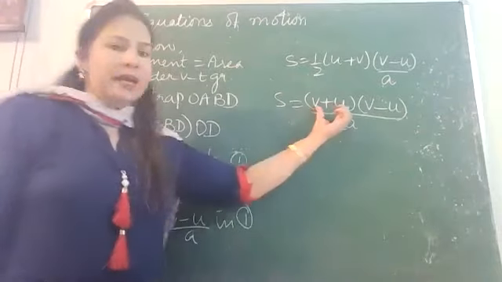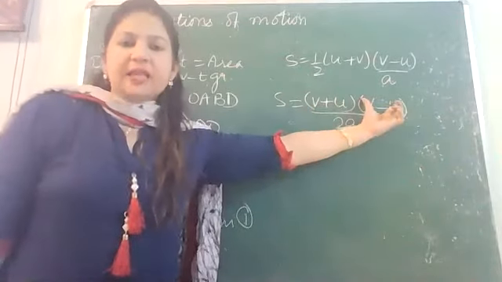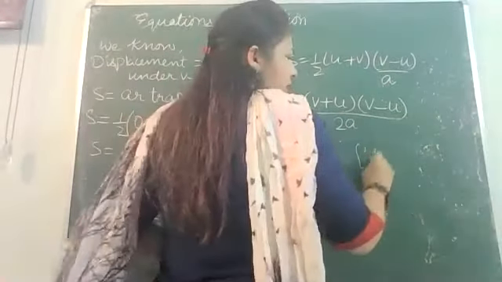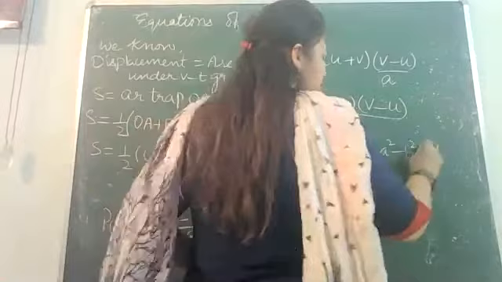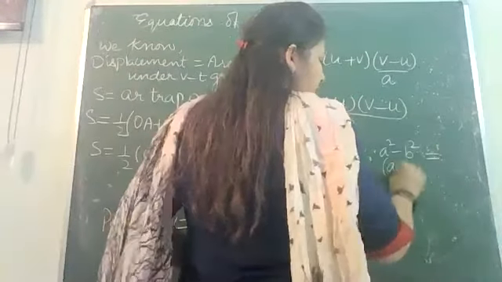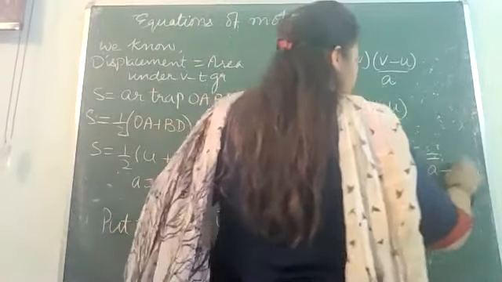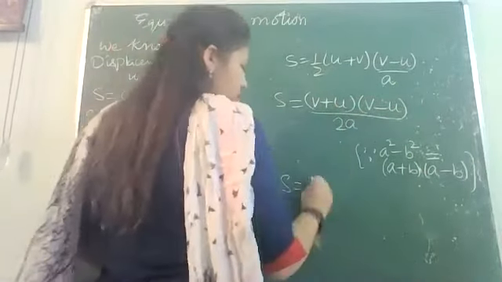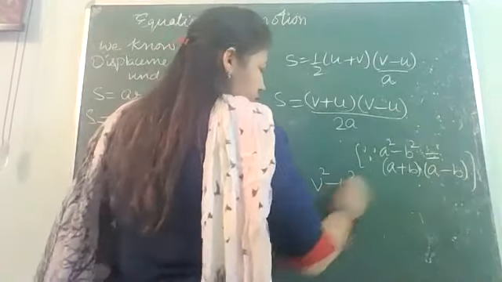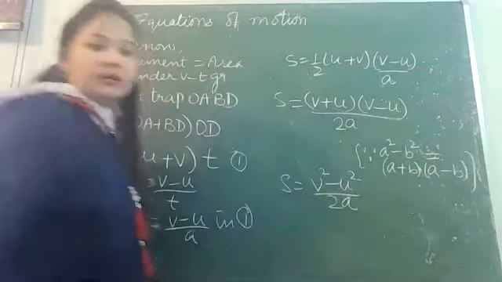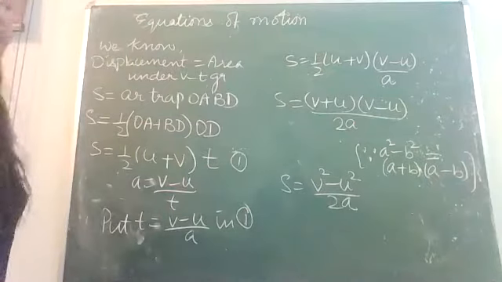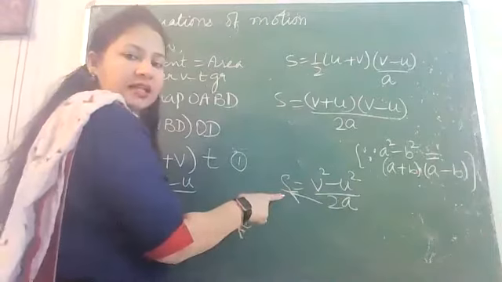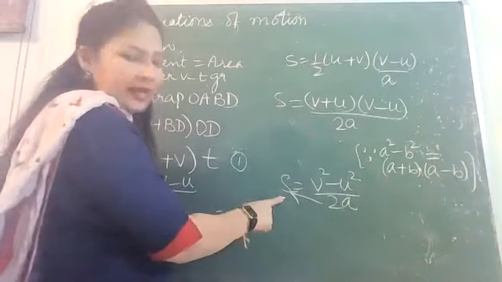Now we use A plus B into A minus B, that is equal to A square minus B square. We write the formula here in the bracket, because A square minus B square is equal to A plus B into A minus B. So we are writing V plus U into V minus U as V square minus U square. Okay, so I have used this formula here. And now I'm cross multiplying. I take 2A that side. It becomes 2AS.